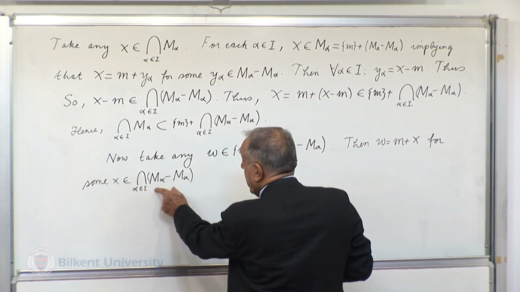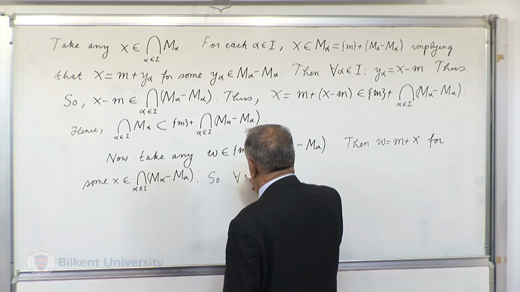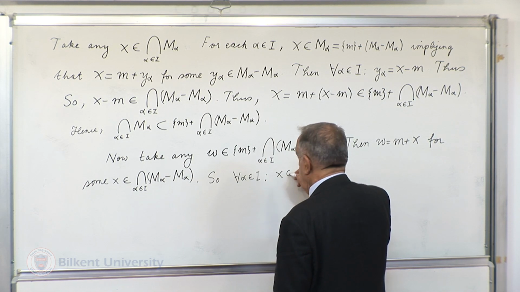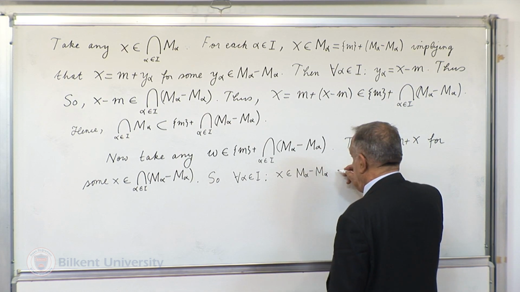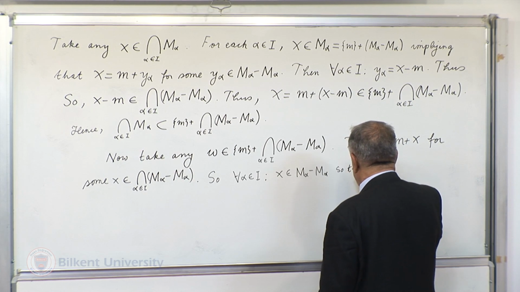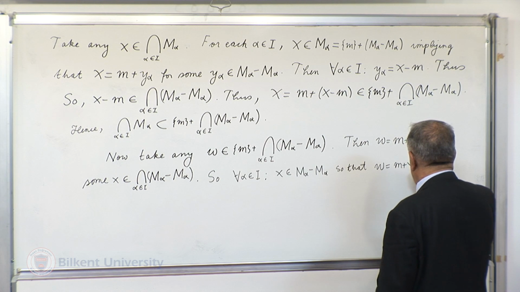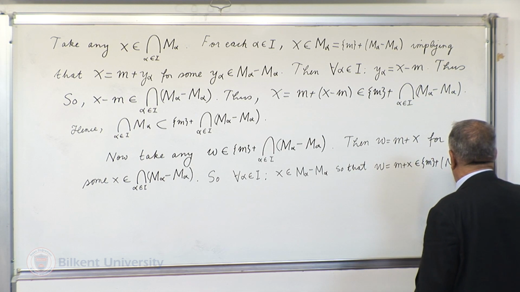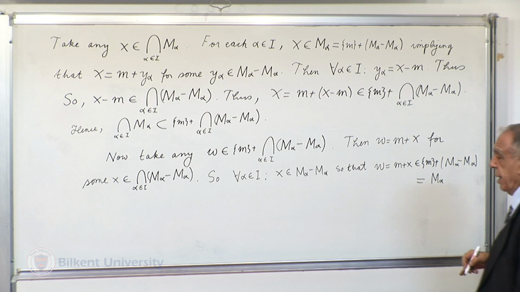But then this x will belong to each of these. So, for all alpha in I, x is in m alpha minus m alpha, so that w equal to m plus x is in m plus m alpha minus m alpha, but that's nothing but m alpha itself.